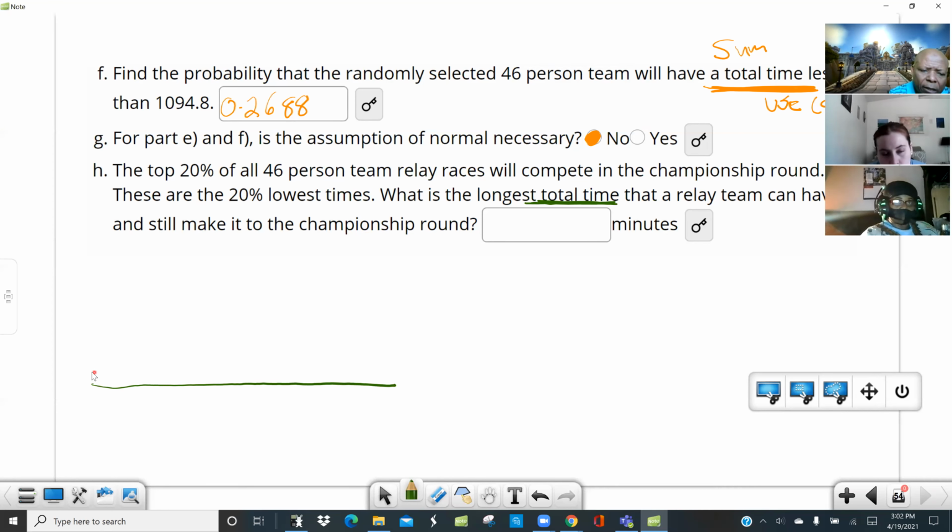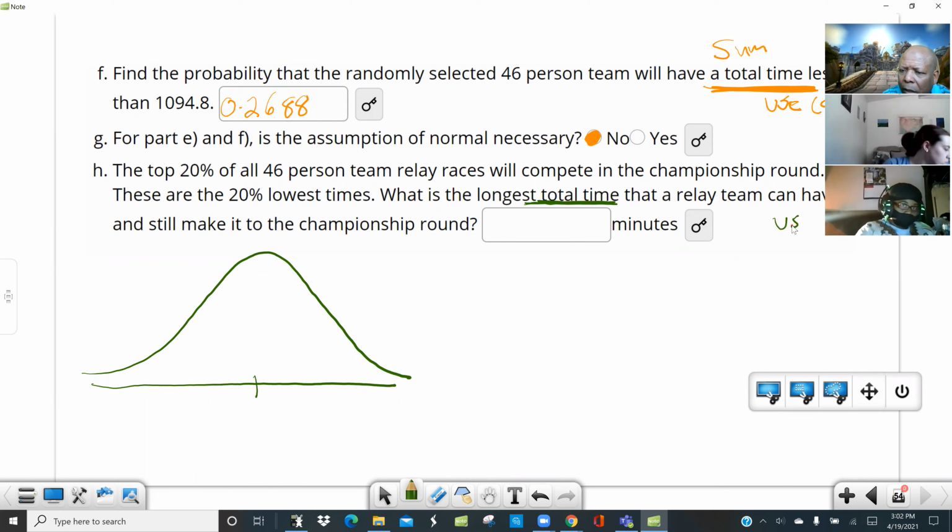So pictorially, this is what is happening. Which normal distribution are we going to use? The one for the sum. How do I know what is the longest total? Okay, so we're going to use C. What's the mean? 1104.